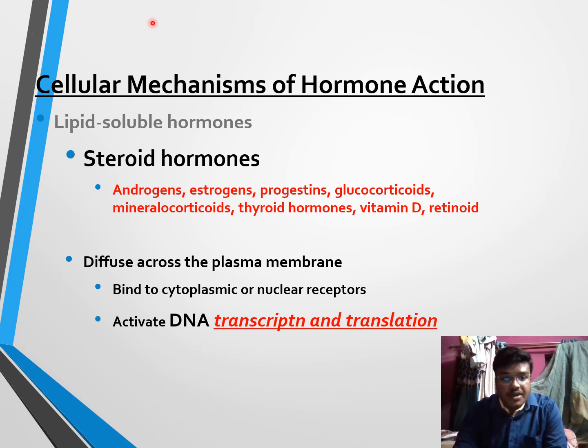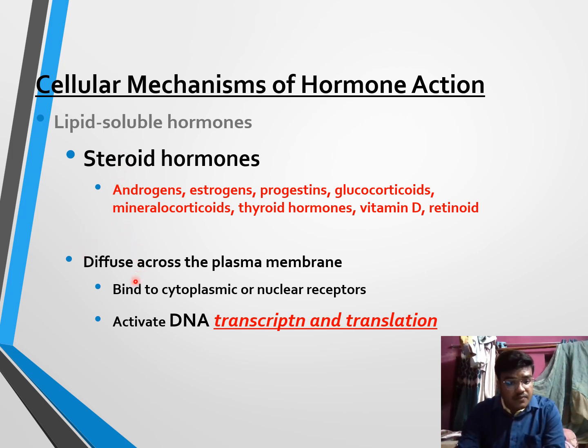This comes to the second point, that is the lipid soluble hormone mechanism or steroid hormone mechanism. Several steroid hormones such as testosterone, estrogen, progesterone, glucocorticoid, mineralocorticoid, thyroid hormone, vitamin D, and retinoid act via the intracellular receptor, that is either a cytoplasmic receptor or a nuclear receptor.